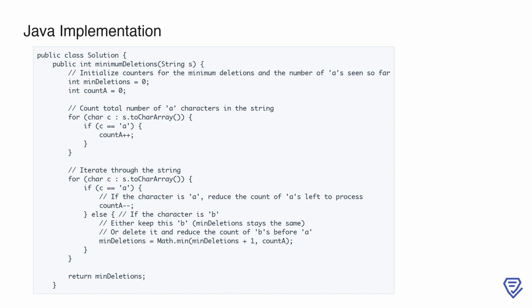If the character is B, we have two choices, either keep the B, leaving min_deletions unchanged, or delete the B, which would effectively reduce the number of B's appearing before A. To ensure we take the optimal approach, we update min_deletions to the smaller of its current value plus 1 or the remaining count of A. This ensures we are minimizing deletions while maintaining a balanced sequence.